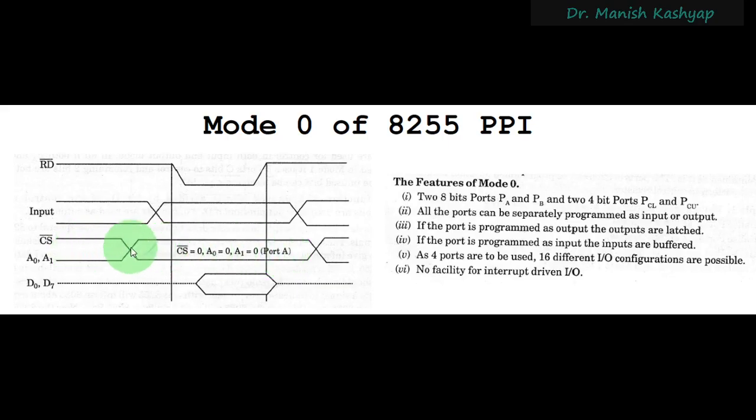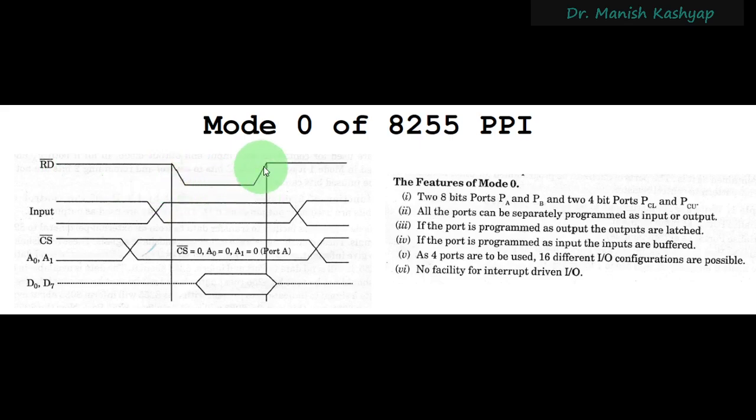After this has been initialized, since you have selected port A, the peripheral can put the input data. You can see that at this particular timing, the peripheral has inputted some data here. And once the data comes to the 8255 ports, the microprocessor will enable its read signal, right?